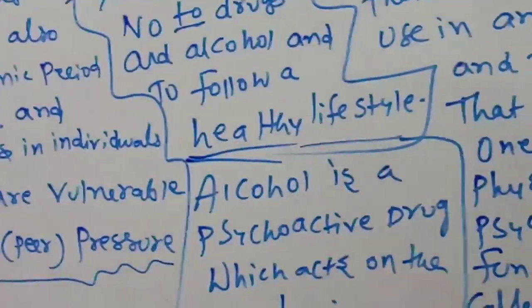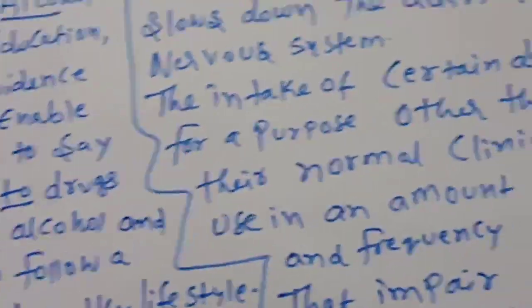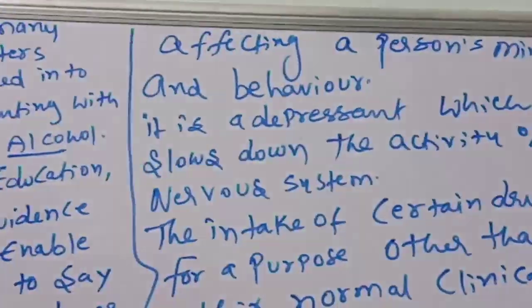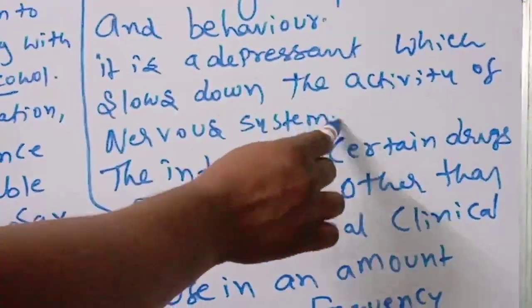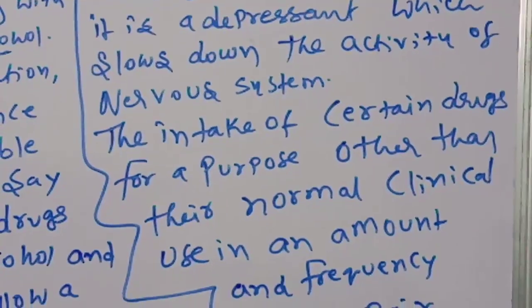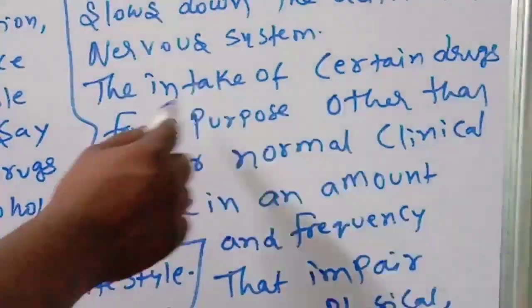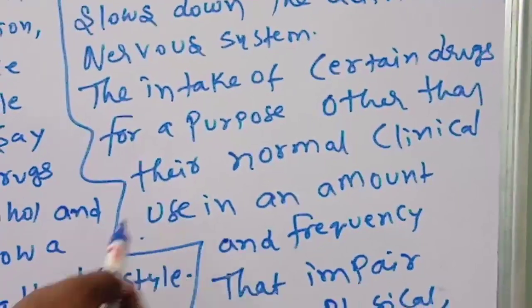Alcohol is a psychoactive drug which acts on the brain, affecting a person's mind and behavior. It is a depressant which slows down the activity of the nervous system. The intake of certain drugs for a purpose other than normal clinical use. We use drugs from the clinical point of view.